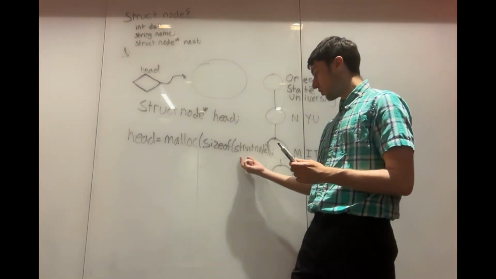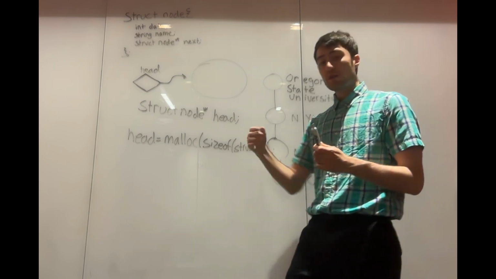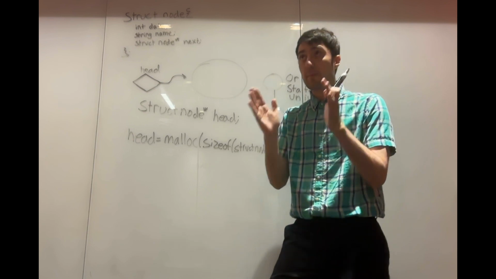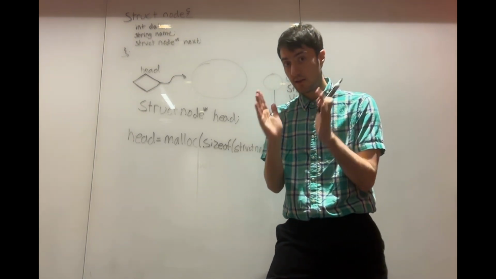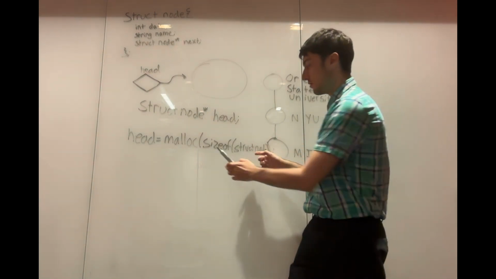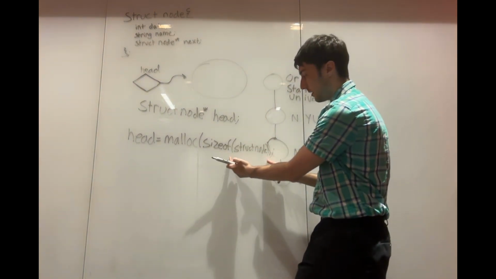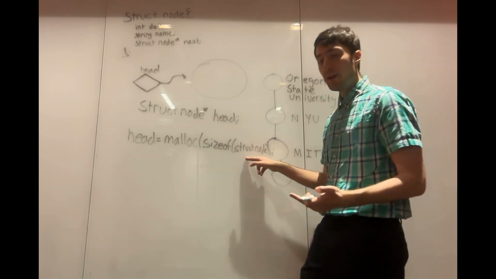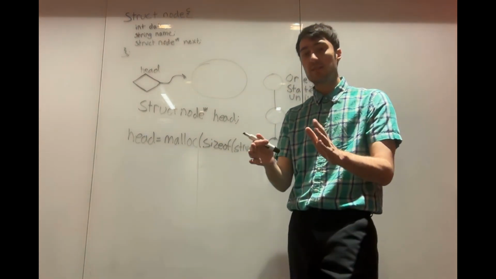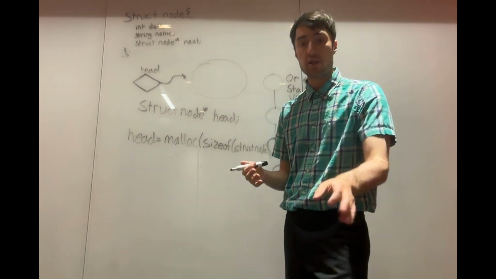The malloc function says, how many bytes do you want me to allocate? Well, we have a function that's very helpful about this. It's called size of, and it takes in one argument. In this case, it's struct node, and it returns how many bytes that particular data element is. We could put int right there, and then the size of function would return the number of bytes that an integer value is on your particular machine.